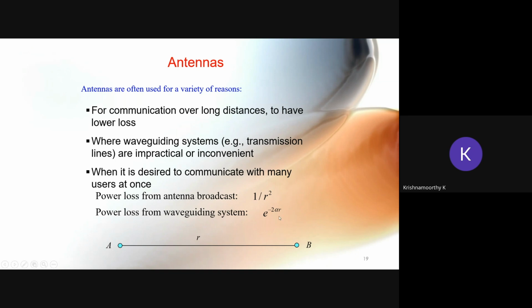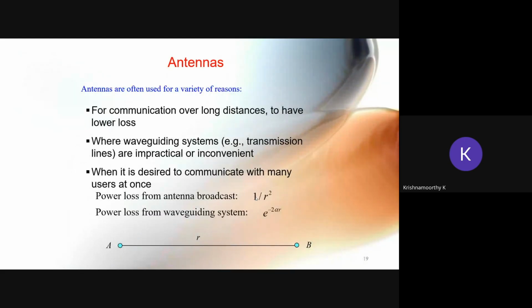The decay rate is alpha, which is determined by the characteristics of the material. Suppose we take the coaxial cable or fiber optic cable, we have the attenuation constant, which determines the exponential decay factor. But in the case of an antenna, the power is reduced by the 1 by r square ratio.